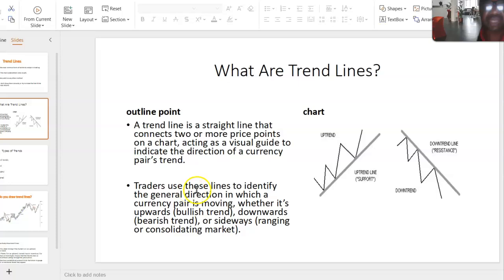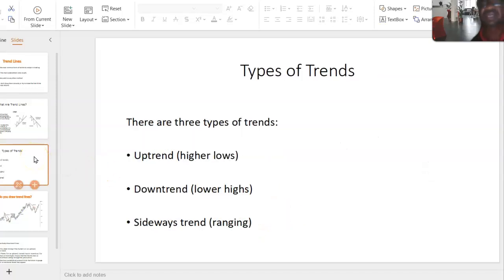Traders use these lines to identify the general direction in which a currency pair is moving. I'm using currency pair as an example here. Whether it is upward, that is a bullish trend, downward, which is a bearish trend, or sideways, which is a trading range or consolidation market. So now let's look at phases of the market.